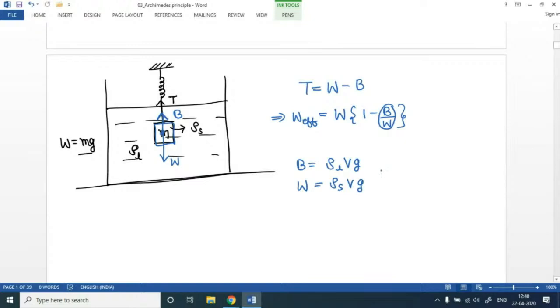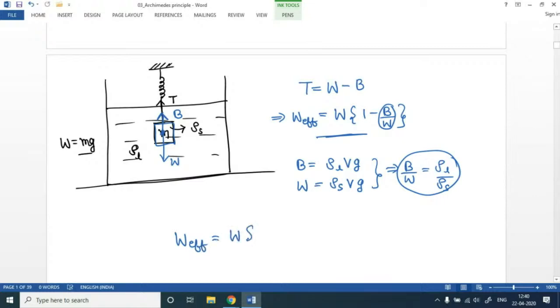So obviously B by W is equal to rho L by rho S, and substituting this value in this equation, W effective we will be getting as W into (1 minus rho L by rho S).